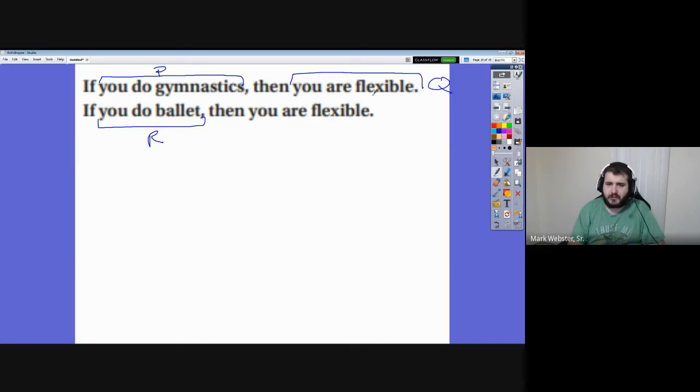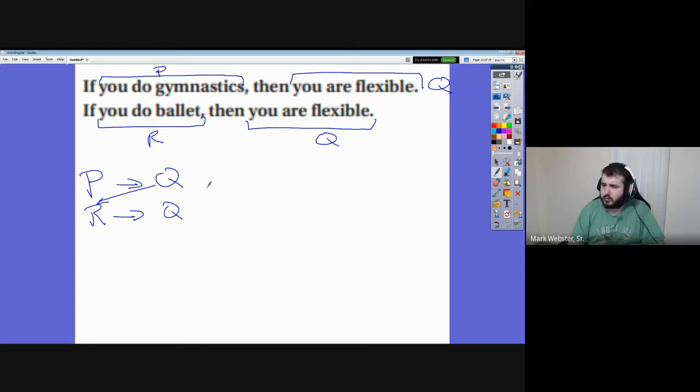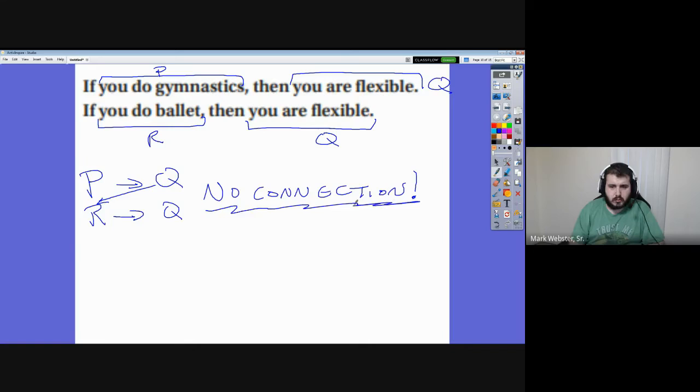Well, that's a repeat of this one, which we named Q. So what we have here is P implies Q and R implies Q. Can I connect these two, do they have the same letter? There's no connection here, right? There's no connection, so there's no conclusion.